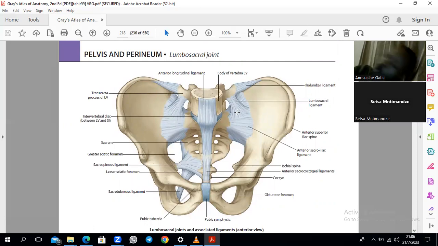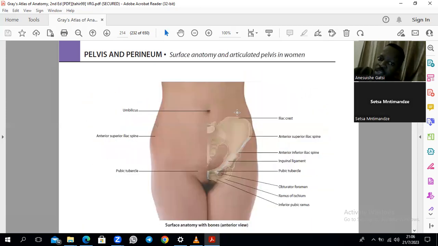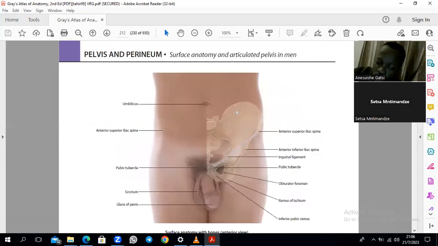Gynecoid, which is the normal one, which most females have, the inlet is going to be oval, and there's more room in the pelvic cavity, which is suitable for the baby to pass during delivery. The android one, the male one, the inlet is heart-shaped because of that sacral promontory.